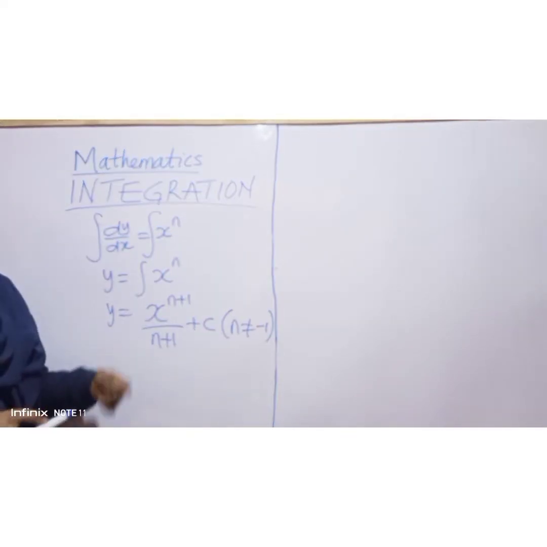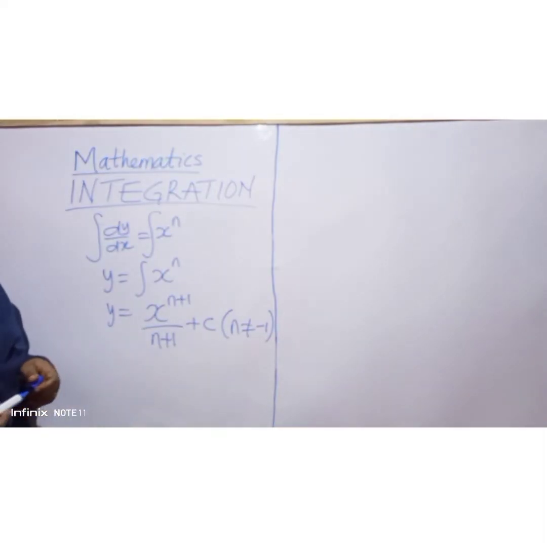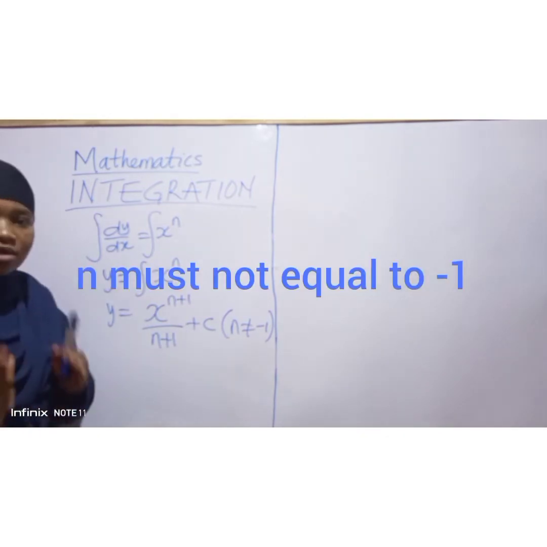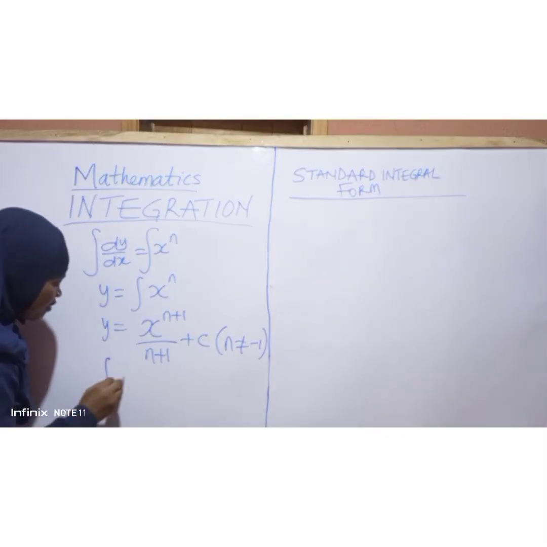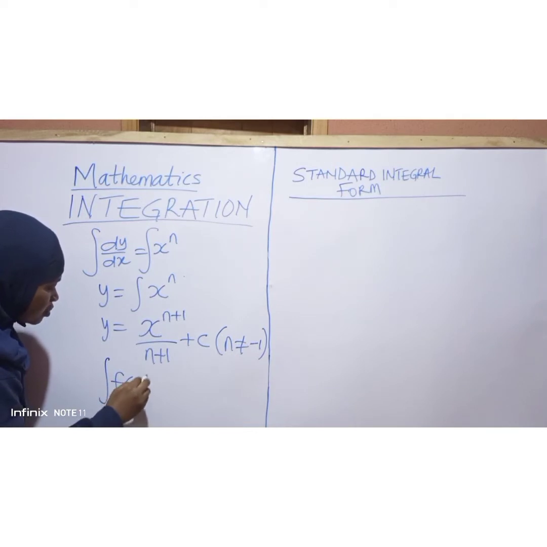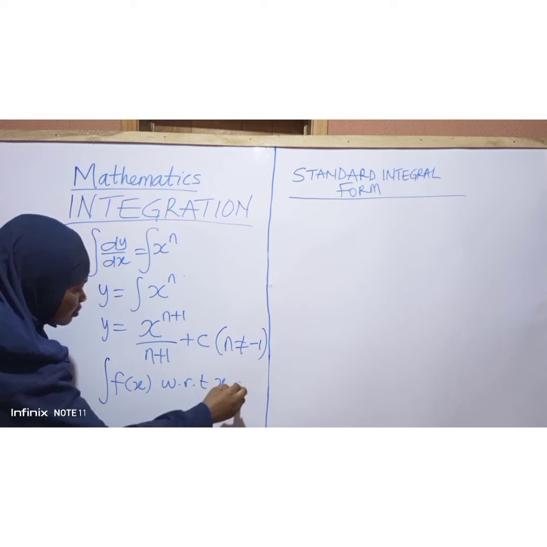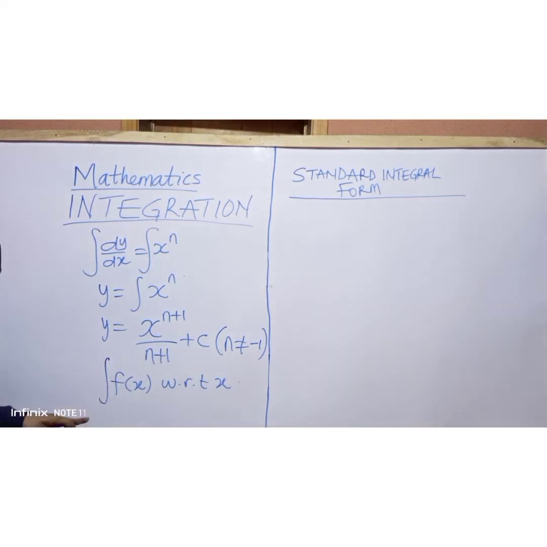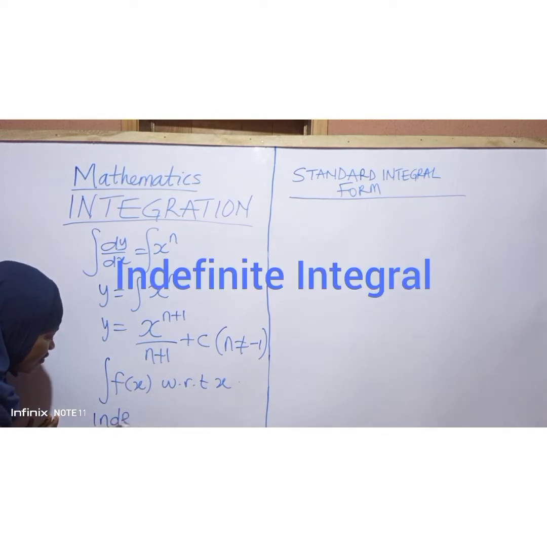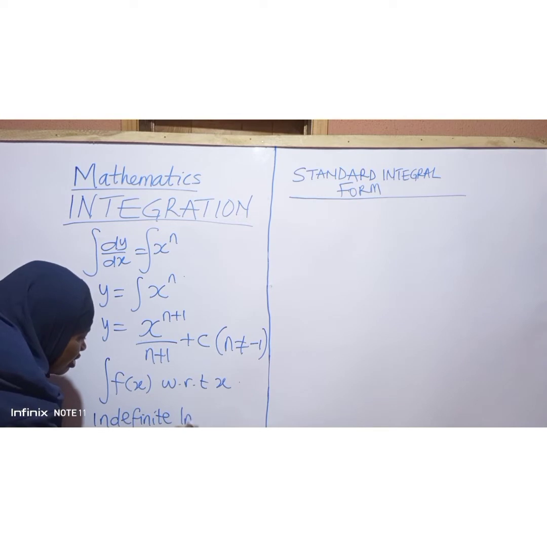That is the condition for integration. Your n, that is the exponent, must not be equal to minus 1. The integral of f of x with respect to x, this symbol means indefinite integral.